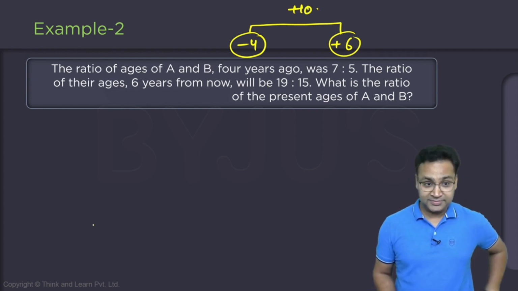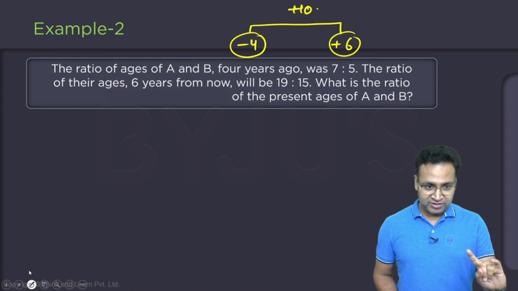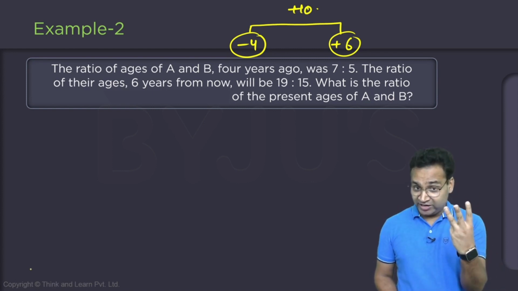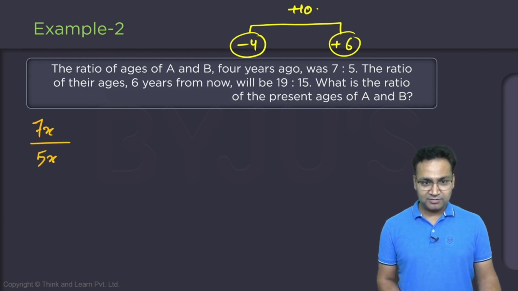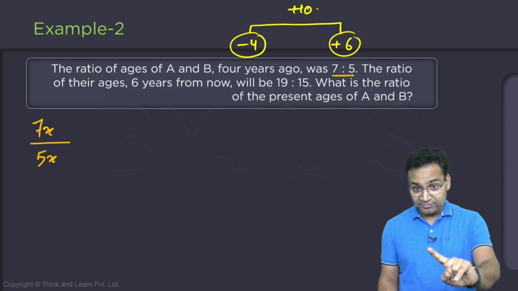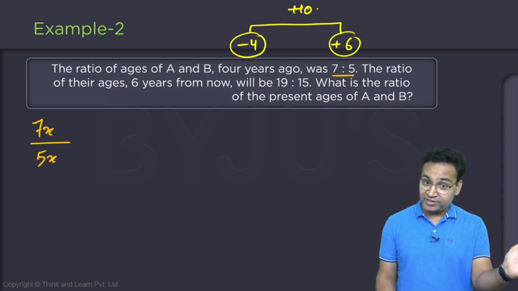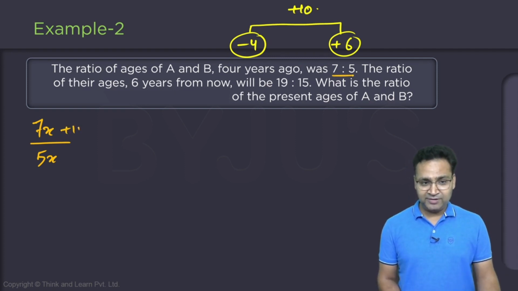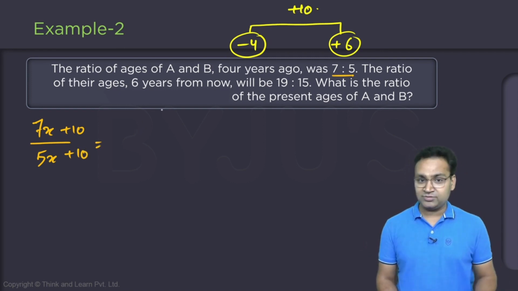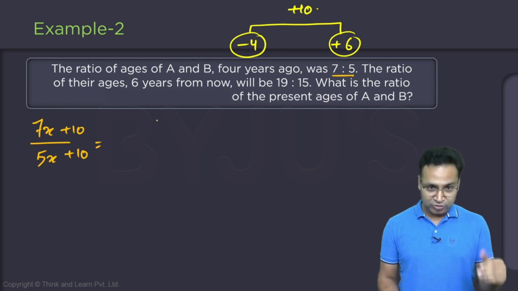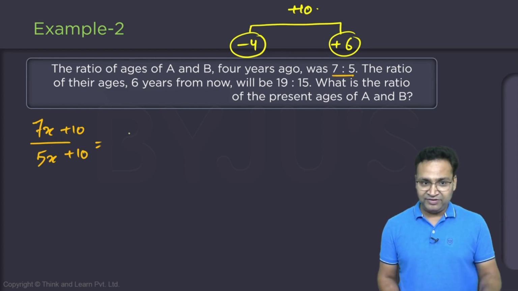Of course, yes. Now, I am doing this question in 3 different ways. Let me do it, guys. The first approach: the ages 4 years ago are 7x and 5x. Adding 10 years gives the required ages 6 years from now, in the ratio 19/15.